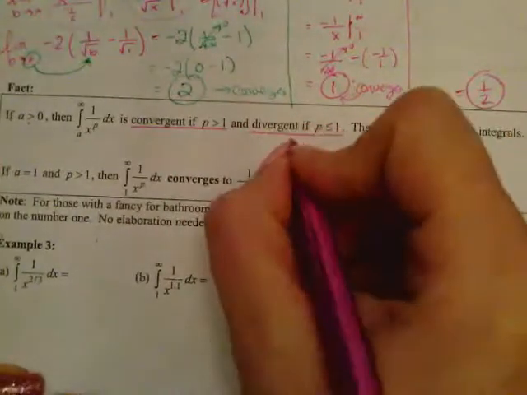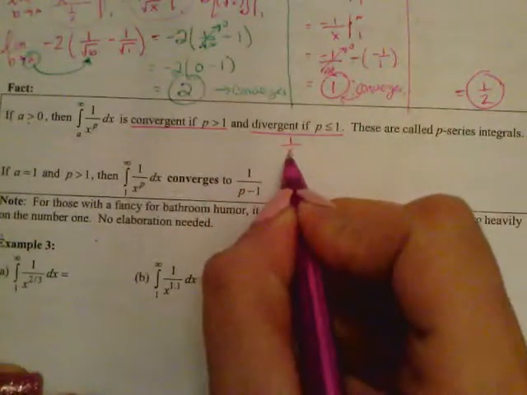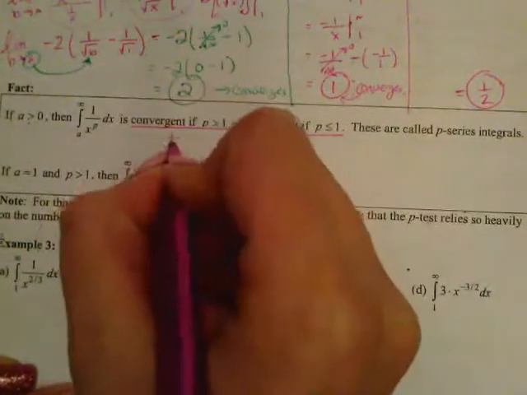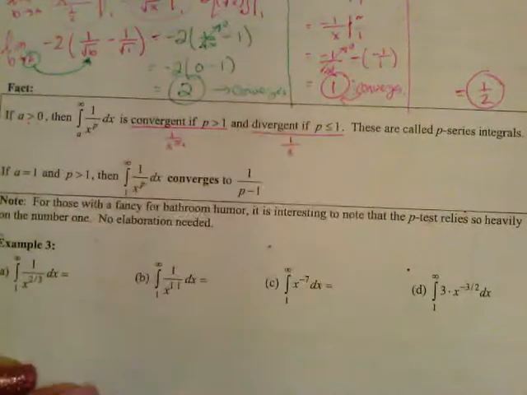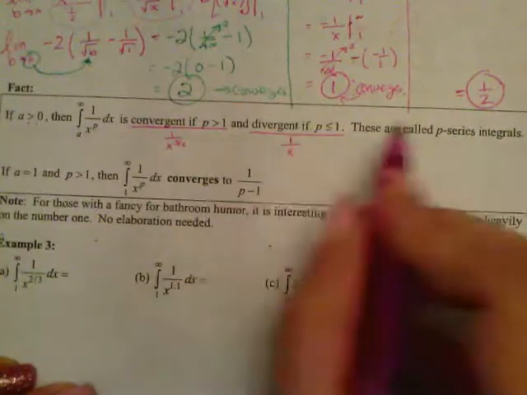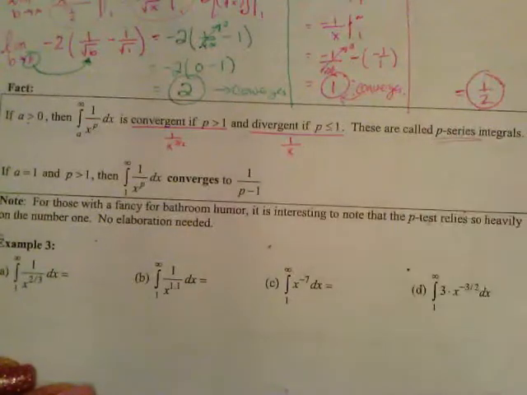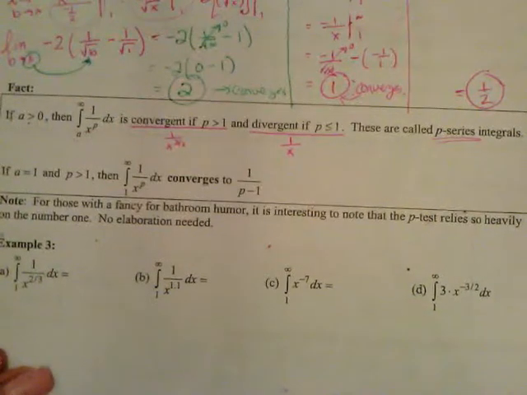And we saw that in our first example. When it was 1 over x, it was divergent, right? But when we had 1 over x to the 3/2, it was convergent. These are called p-series integrals, and we're going to do more of these when we get into the series chapter, the last section. But they are called p-series.